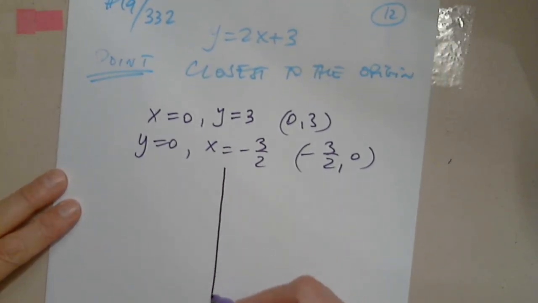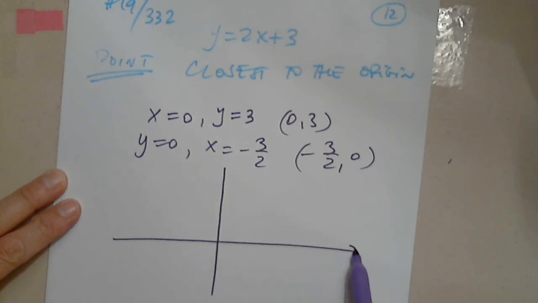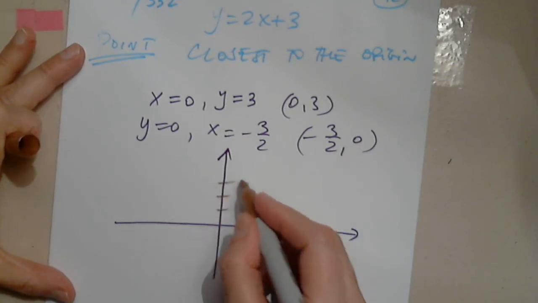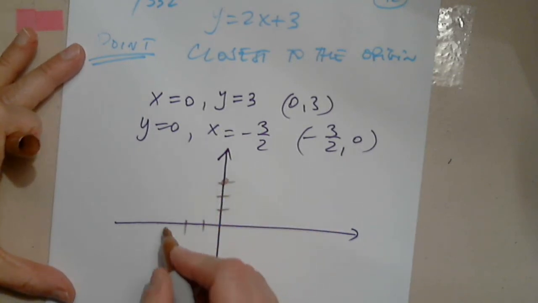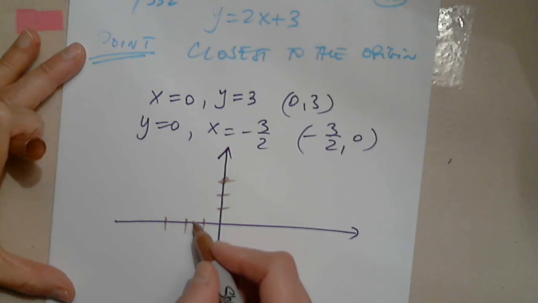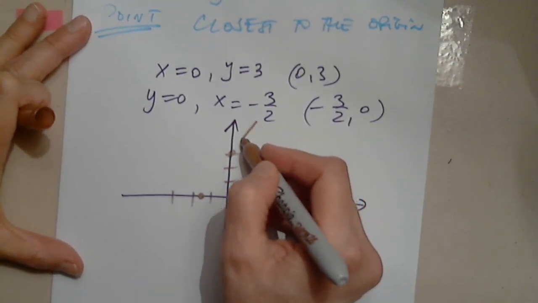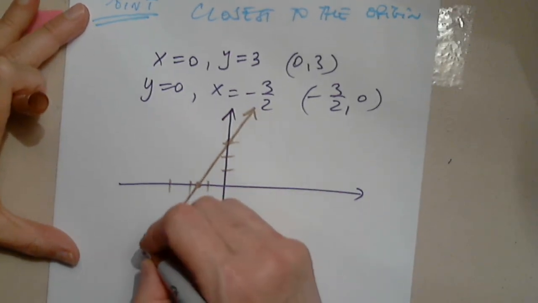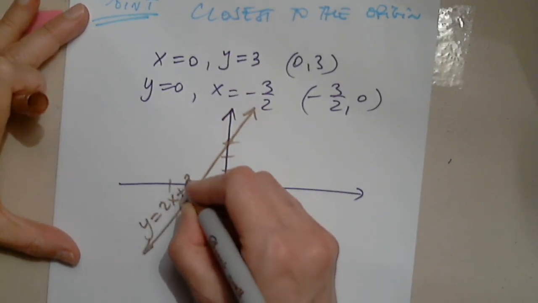I graph the function: 0, 3 and negative 3 halves, 0.